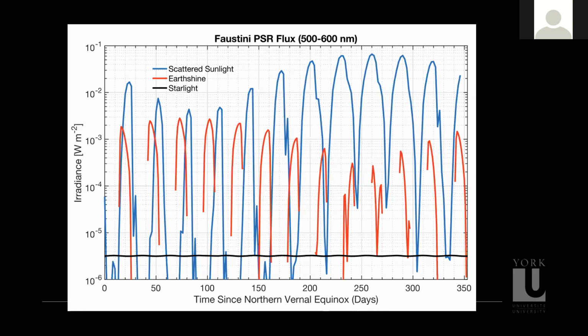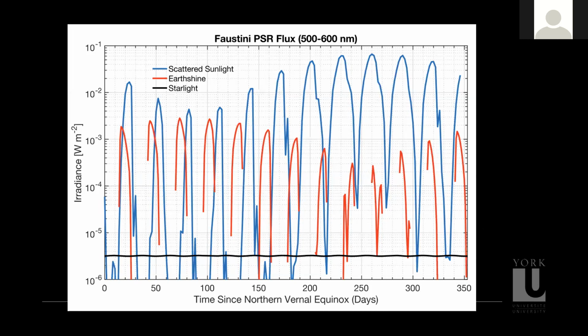And here's a plot that compares all of these different sources for Faustini crater. You can see that both earthshine and scattered sunlight vary seasonally, although earthshine varies seasonally for a different reason. But our main takeaway from this is that scattered sunlight is the dominant source of light to the PSRs.